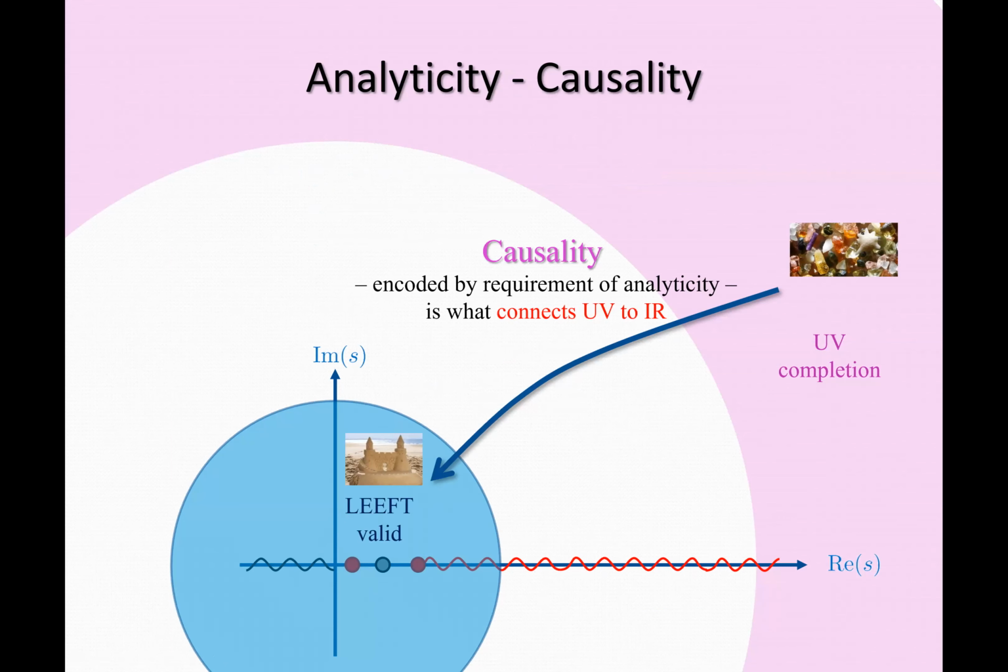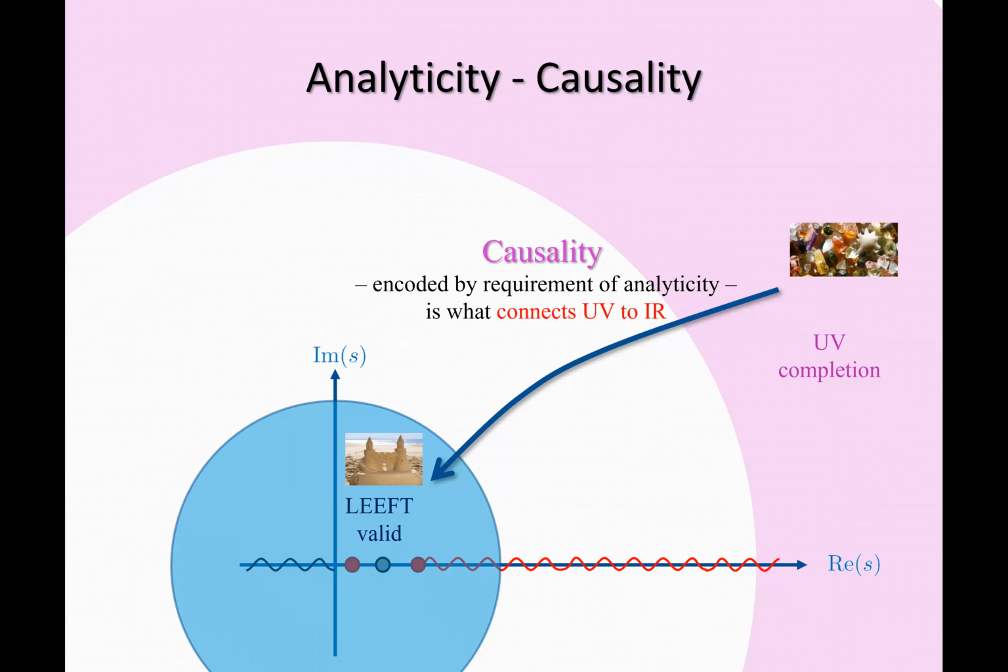More precisely, the statement of causality, at least for a non-gravitational theory, imposes that your scattering amplitude has to be analytic in the complex s-plane everywhere aside from the real axis, where it has a branch cut and some poles. And this is in the first Riemann sheet. We can talk about that later if you want to. But there's a direct connection there between causality and analyticity. And this is precisely what relates what's going on at high energy to what's going on at low energy.